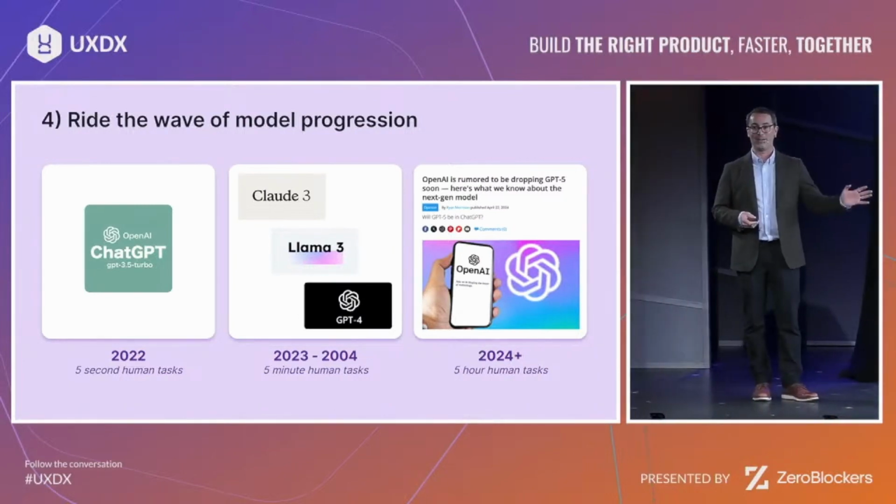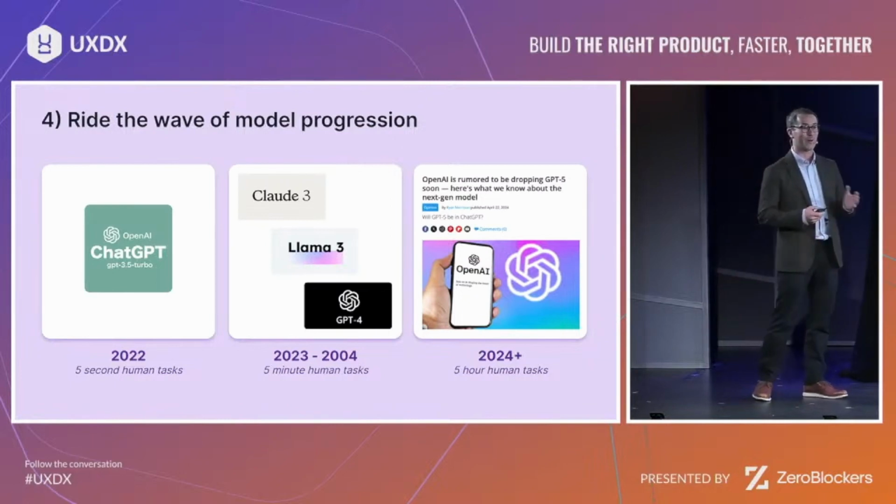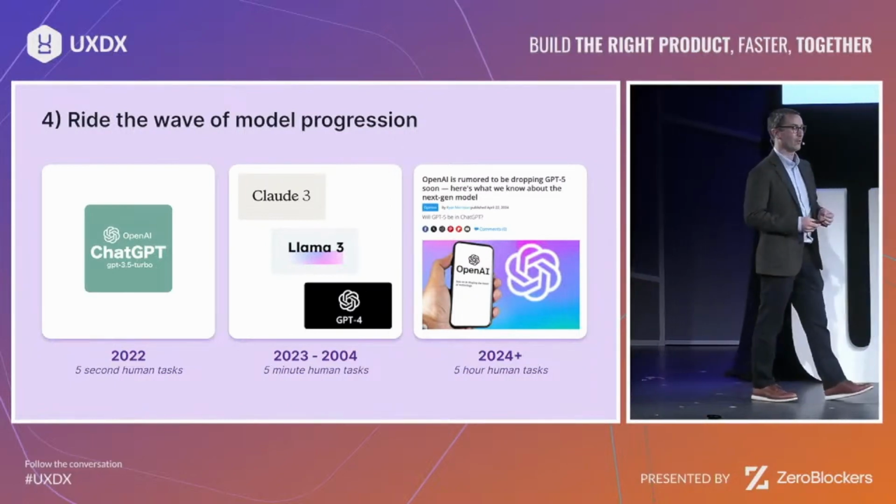And they're only getting better. We've already seen another model release from OpenAI just in the past week. We've seen hints that there are even stronger and more powerful models coming out over the course of this year.